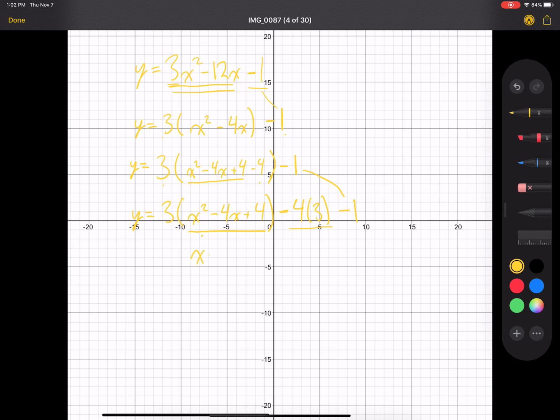That's x minus 2 squared. It's multiplied by 3. I have minus 12. And I have a minus 1. Y equals. And then finally, we'll just bring these two values together. Y equals 3 times x minus 2 squared minus 13. So now I have something to graph.